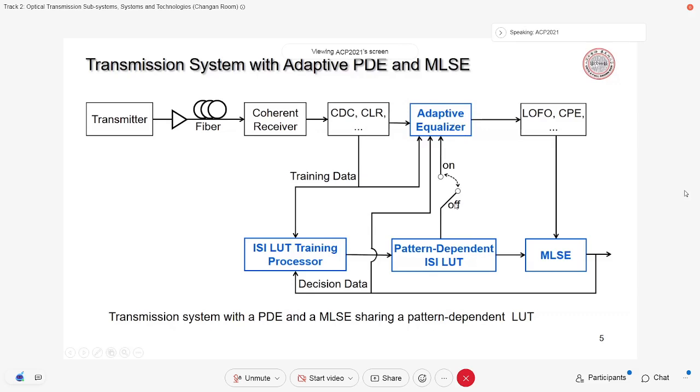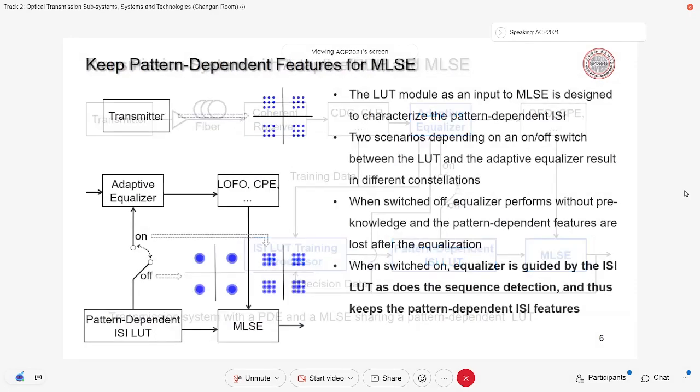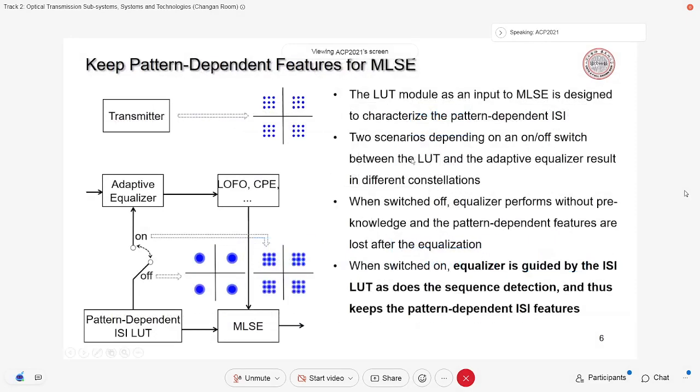You can also just switch it off, then the scheme will become a regular equalizer scheme. And here we want to show the pattern-dependent ISI features, how this proposed scheme can distinguish the feature and leave the target ISI feature to the MLC.